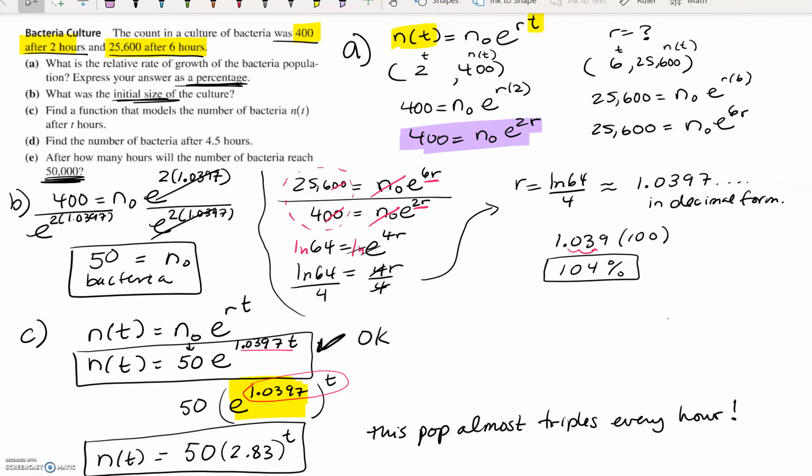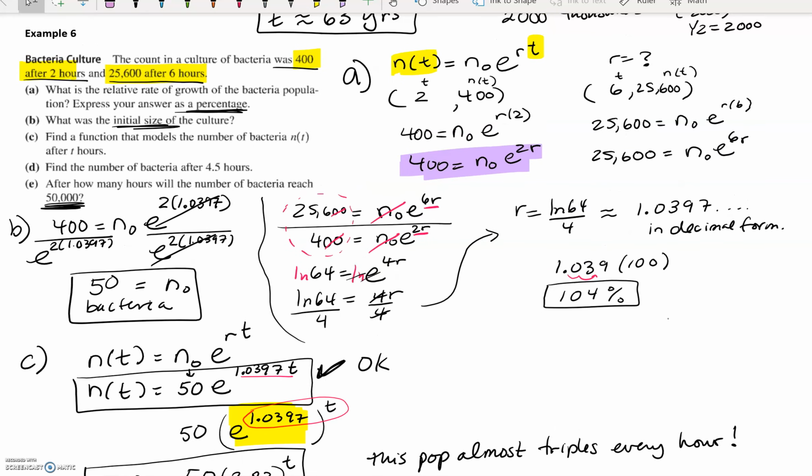Once you find your model, you either plug in the time or you plug in the population to get the time. In this problem, probably the hardest thing was part A, which was to use the two ordered pairs from the information given and solve a system to get your relative growth rate and your initial amount. And that's it for example 6.